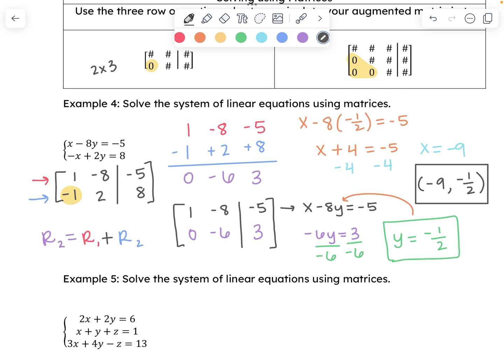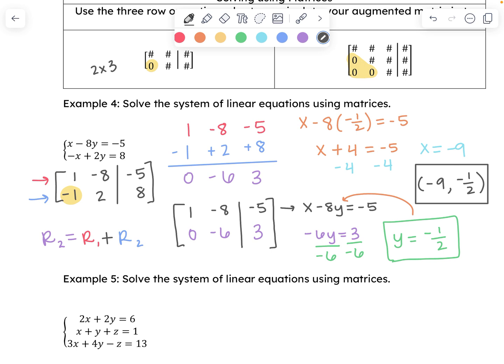So when you're looking at matrices, it's an easier way to solve systems. Now you might be thinking, I could have done elimination or substitution really easily on this example. And that's true when you're looking at systems that just have x and y. We talked about that in our last set of notes. It's pretty easy to just do substitution or elimination and solve those.